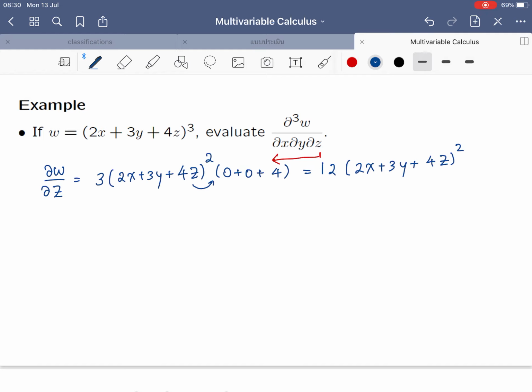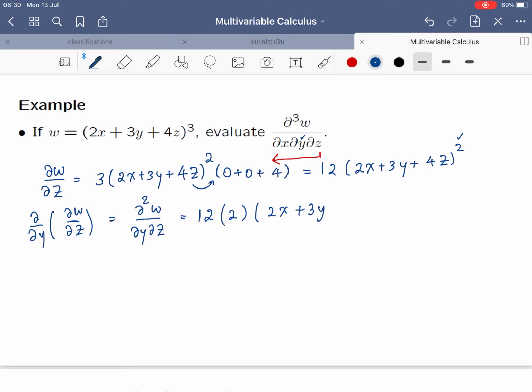And then you continue by finding the derivative with respect to y. So this one you have d2w by dy dz. The 12 has nothing to do, and for this one, it's the chain rule, right? So you have to kick the power down, and this one, (2x plus 3y plus 4z) is raised to the power 1, and then the derivative of the inside with respect to y.